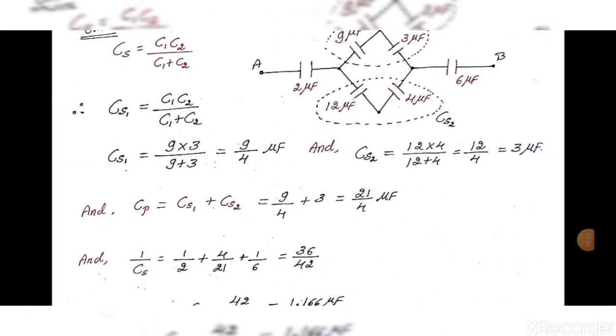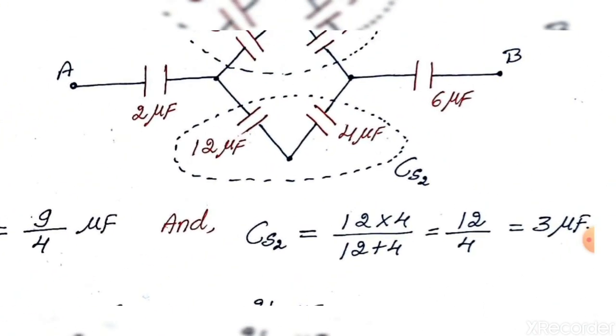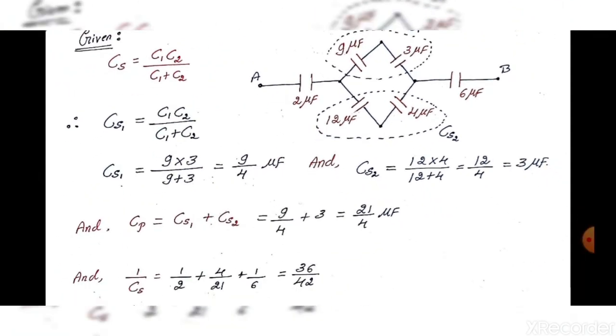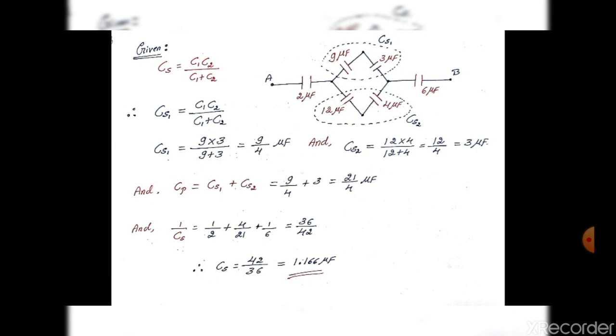Plus 1 by 6, because the formula is 1 by Cs is equal to 1 by C1 plus 1 by C2 plus 1 by C3. Solve it and calculate the Cs value, that is 1.166 microfarad.